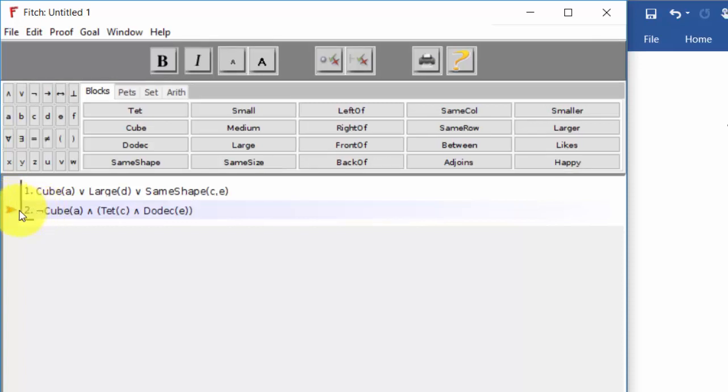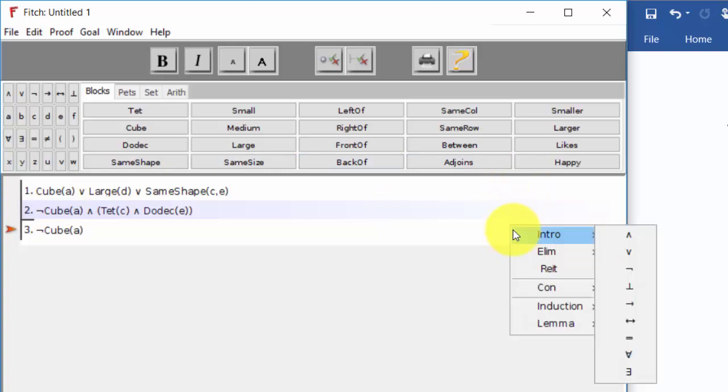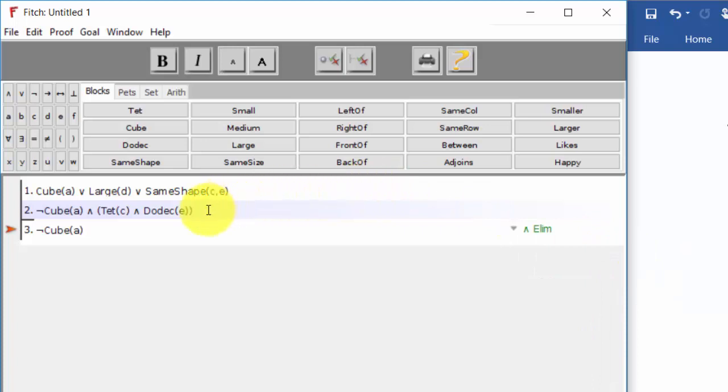All right, and the first thing that we did in the informal proof is point out that A isn't a cube. And we can grab that out by using conjunction elimination on 2.